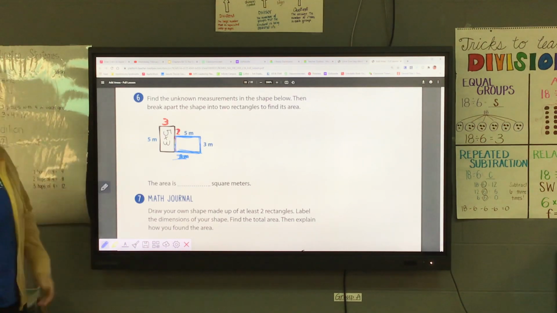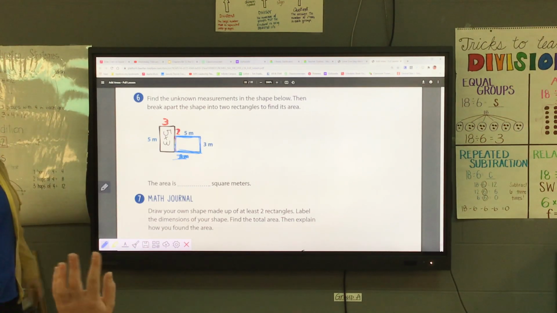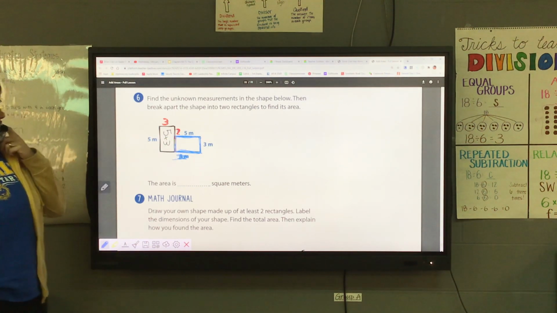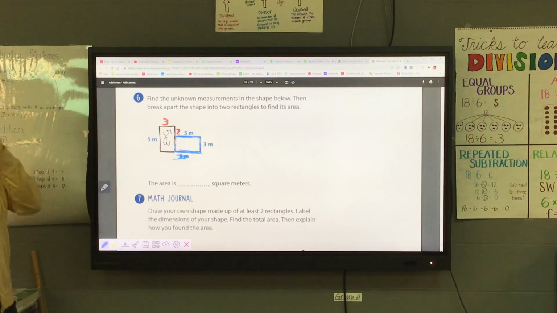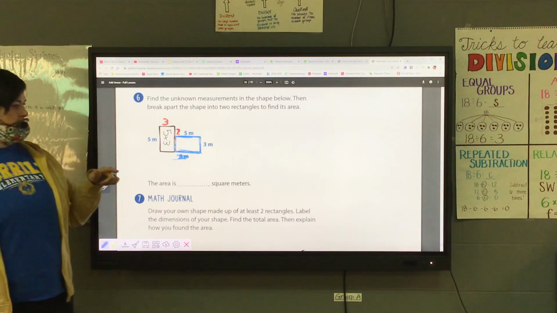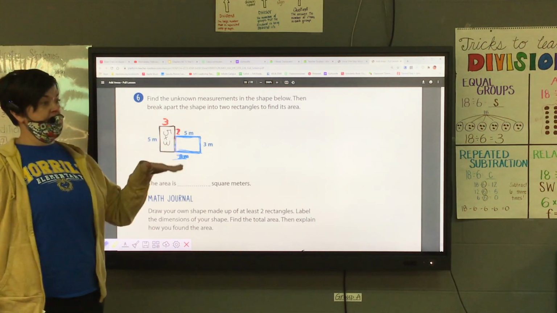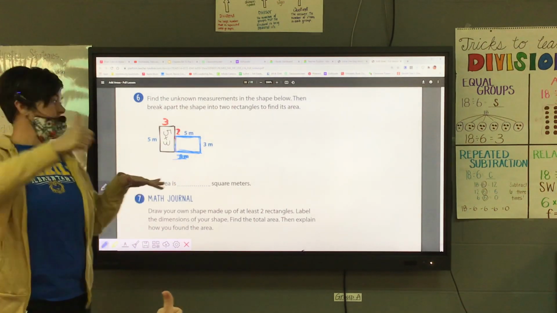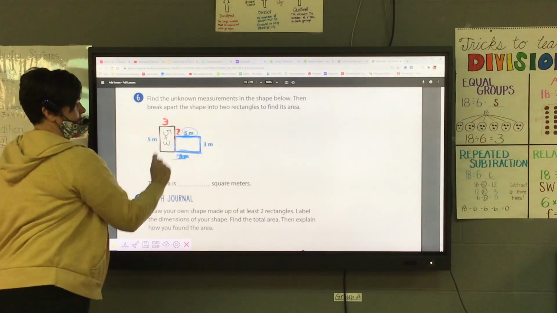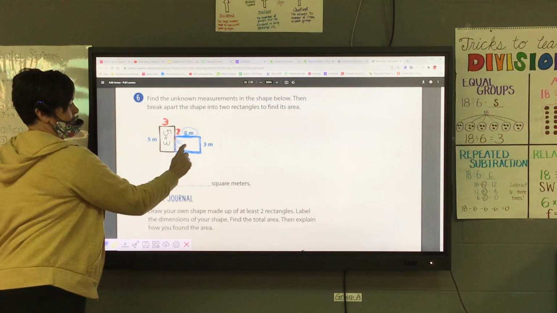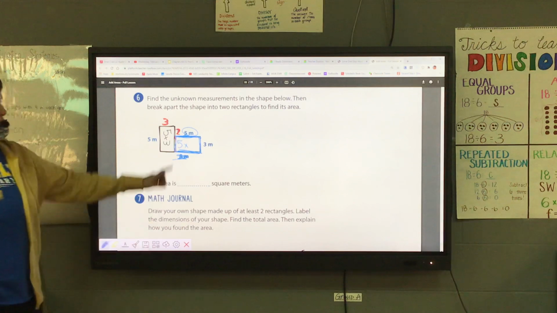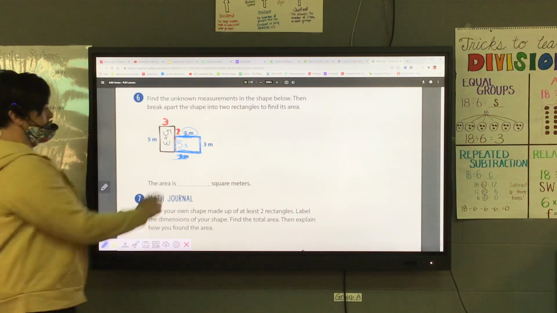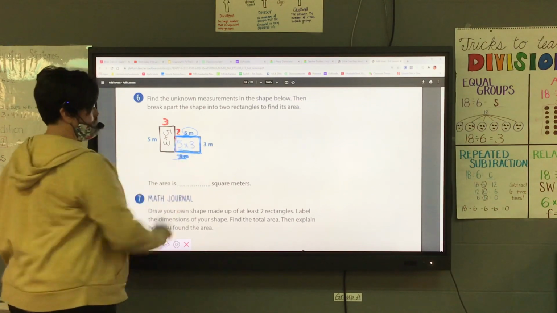Where do you see 4? I only see a 5, a 3, a 2, a 5, and a 3. I don't see 4. You think the length is 5? Agree or disagree? You should agree, because this right here tells us the length of that. Now, what is the width of that rectangle? 3. So again, 5 times 3.